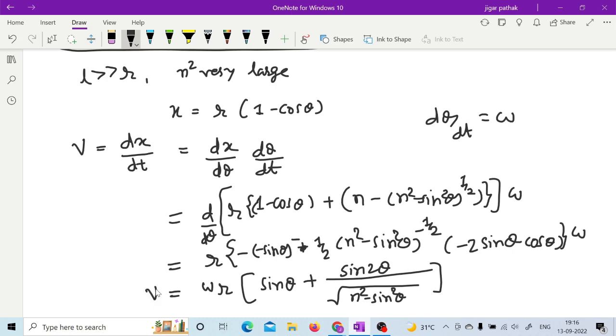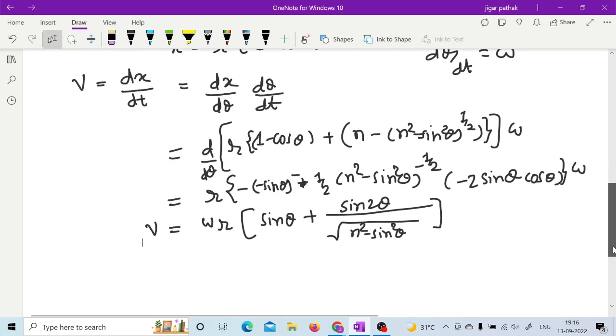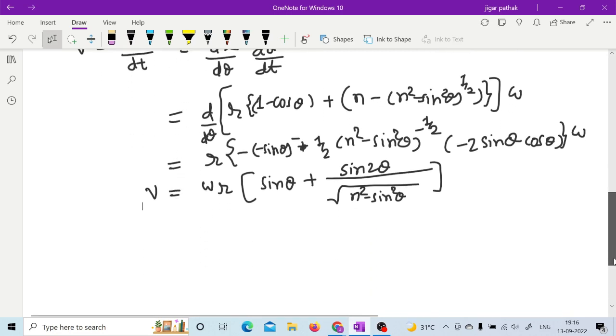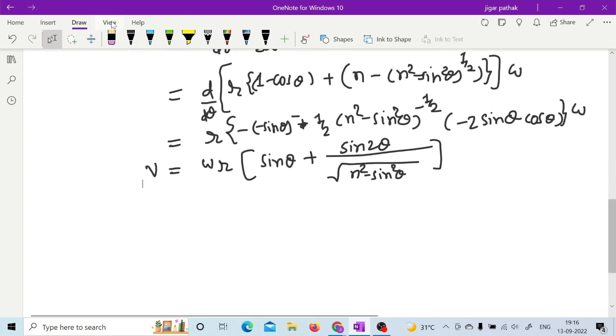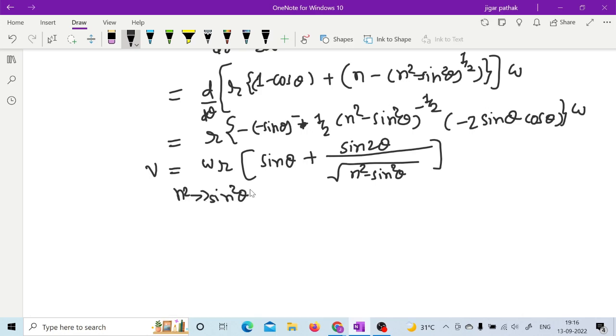Here also, as with the displacement, you can simplify the velocity if n square is very large in comparison to sine square theta.